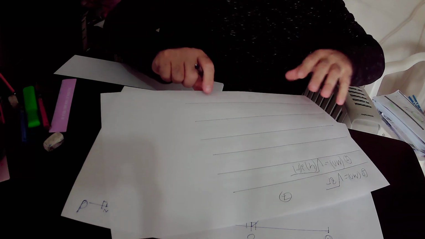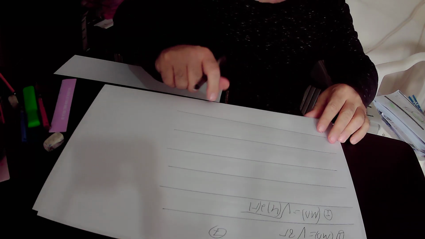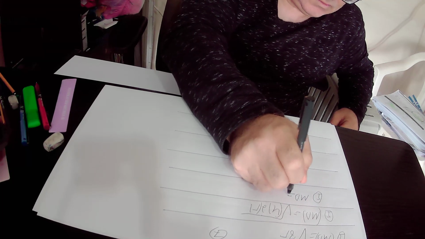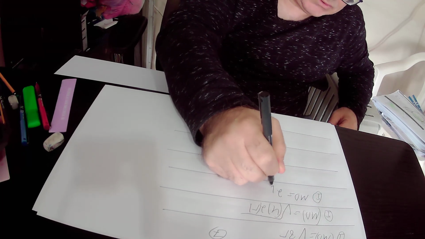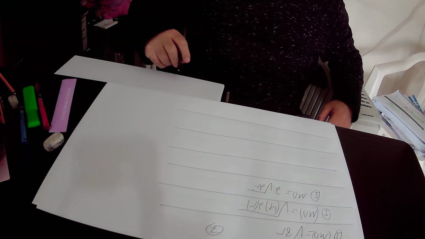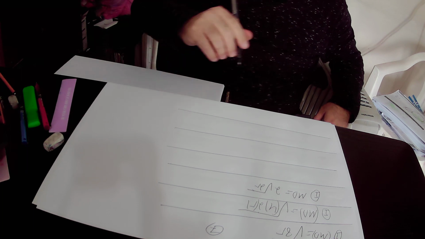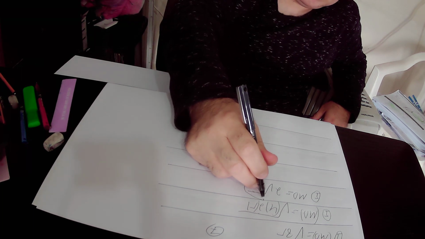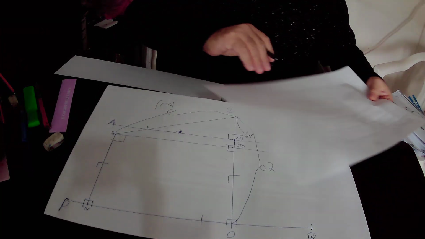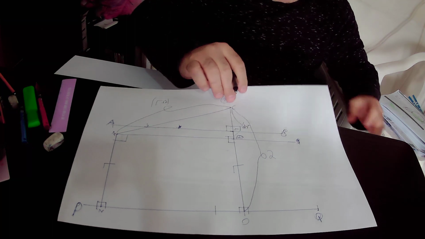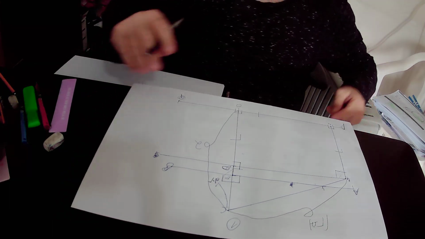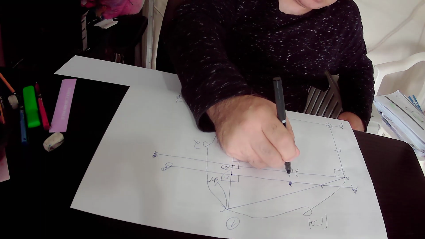In total we will get that MD equals 2 times the square root of 2R. Okay, I found out that MD equals 2 times the square root of 2R, so we can write here that MD equals 2 times the square root of 2R.